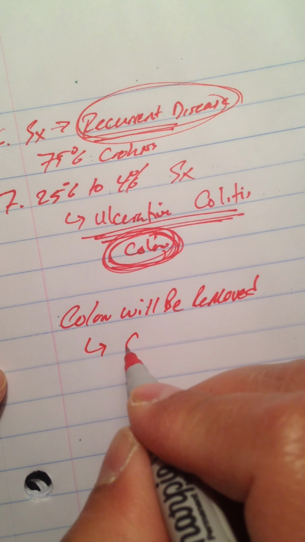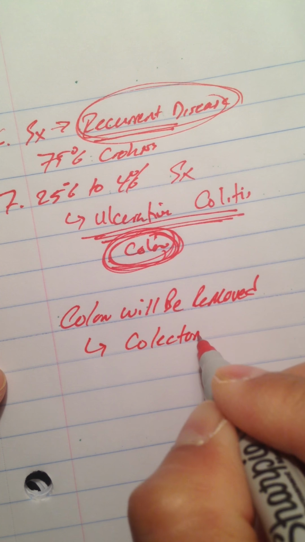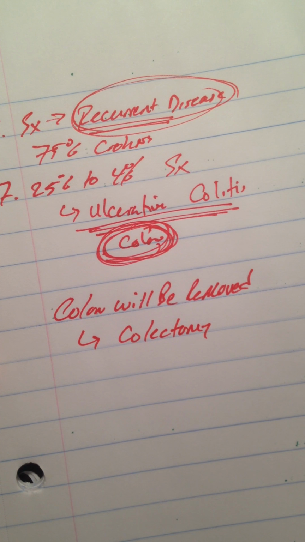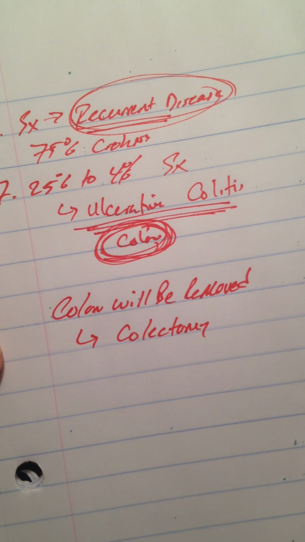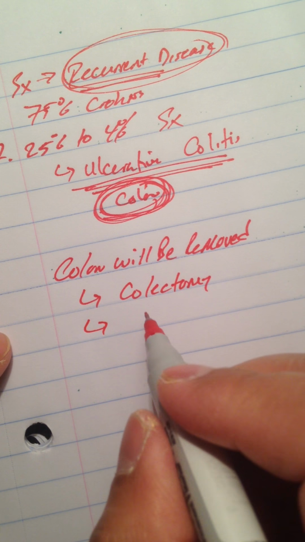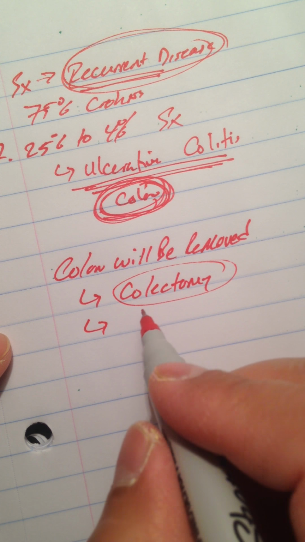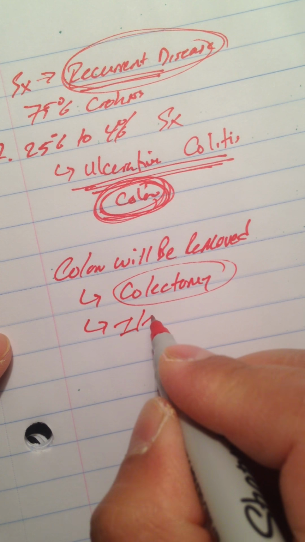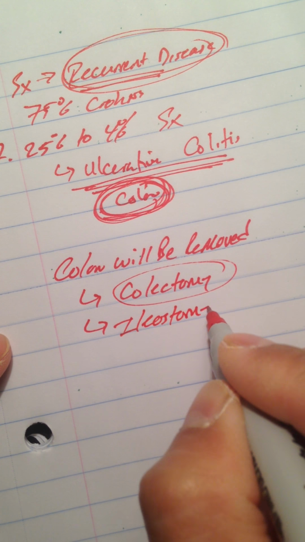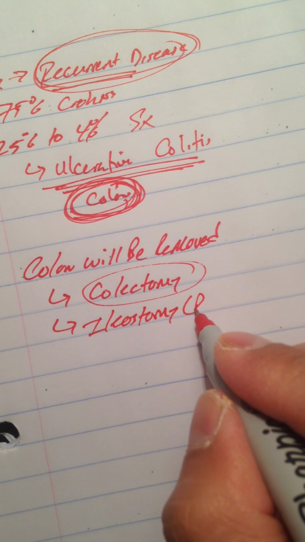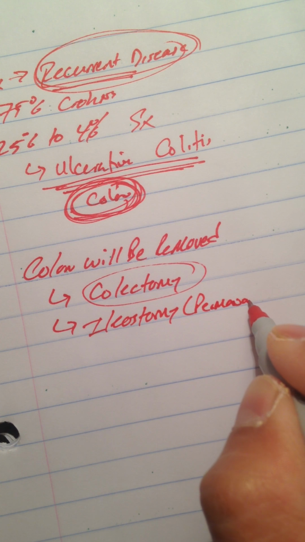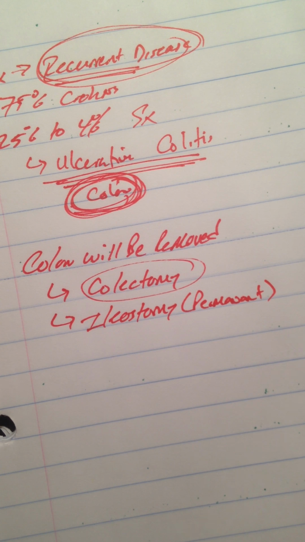So the patient may have a colectomy. And due to the colectomy, they may also have an ileostomy. Now this may be permanent or not, depending on the surgery that is performed.